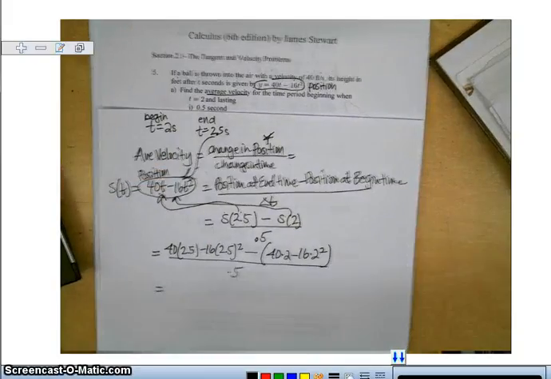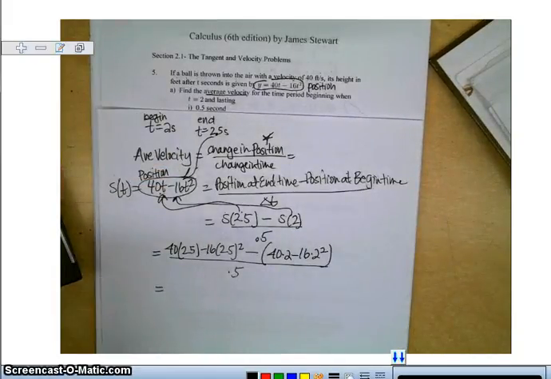So this is where I just get my calculator out and type it in exactly as I see it. 40 times 2.5 minus 16 times 2.5 squared minus begin parentheses, 40 times 2 is 80, minus 16 times 2 squared is 64.